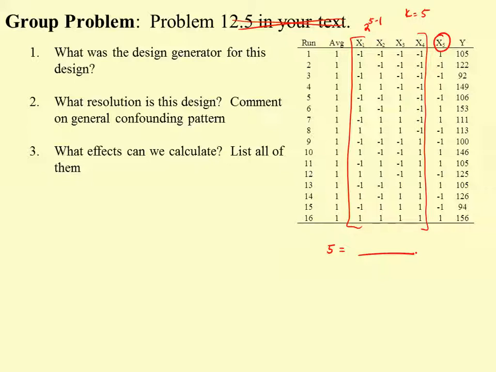Since it's a half fractional factorial, we only have one design generator, and the question is, what is that? All you have there is columns of 1s and minus 1s.